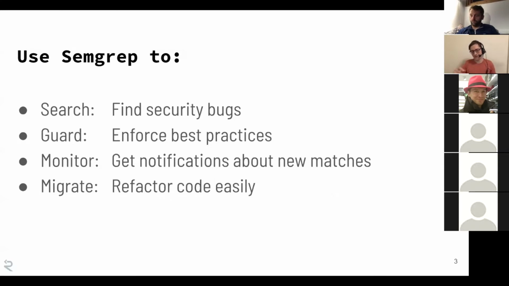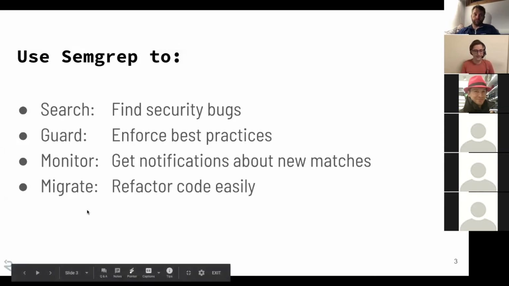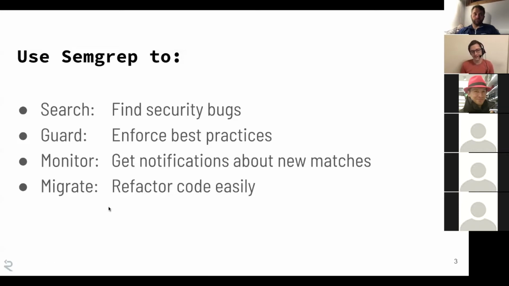So your security team can check whatever gets logged, and when something new is logged to your log streams, the security team can get a notification and verify that nothing sensitive is being logged. And the last thing, also an experimental feature right now, is that Semgrep can be used to not just find but also replace code, so it helps a lot with refactoring.